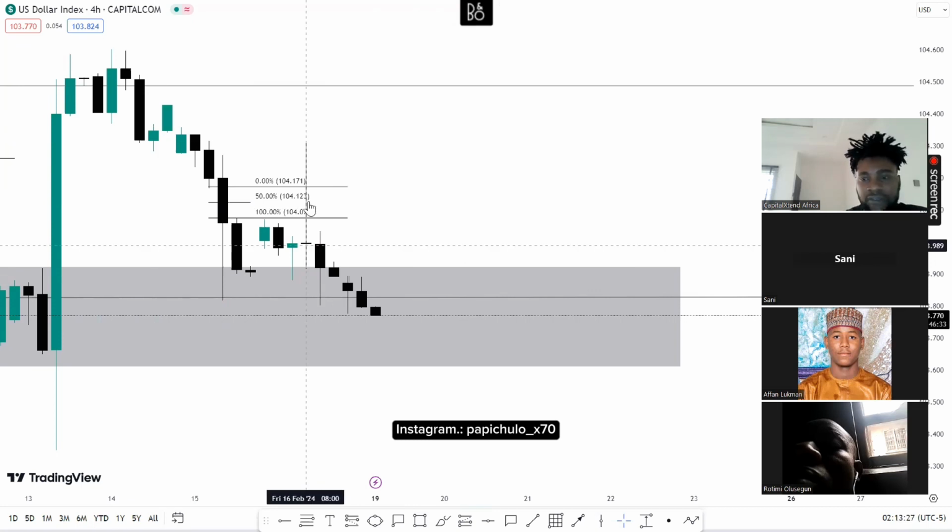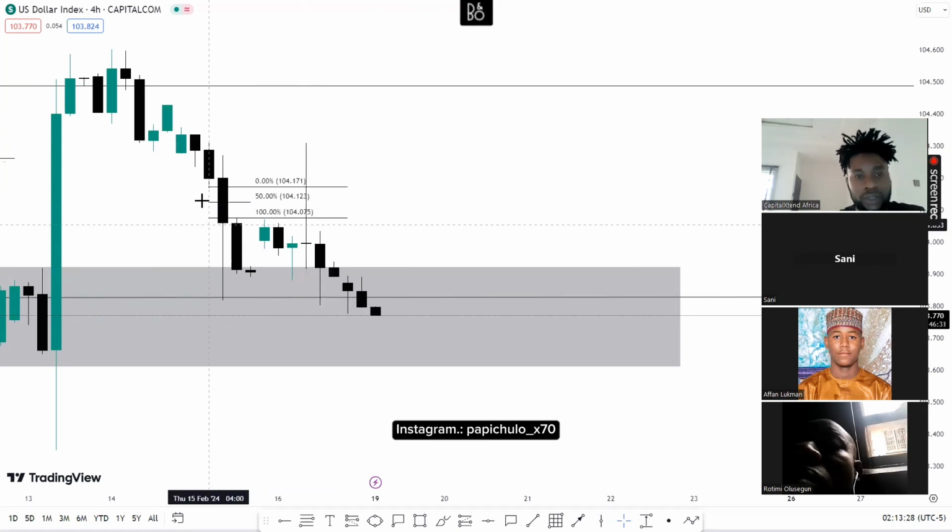After the aggressive move to the upside, price later closed below the consequent encroachment, 50% of this candle.